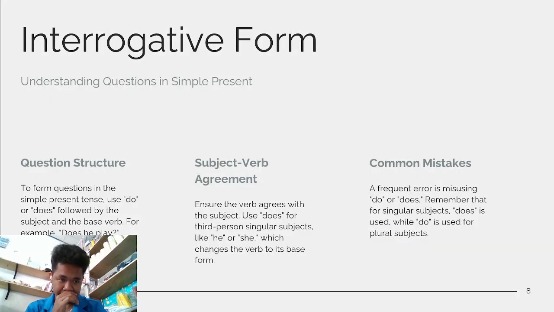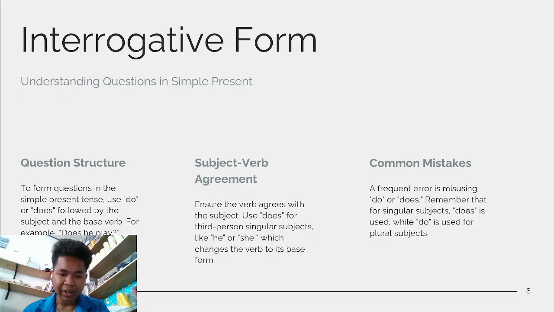The next is the interrogative form, understanding questions in simple present. The first is question structure. To form a question in the simple present tense, use do or does followed by the subject and the base verb. For example, does he play? Number two, subject-verb agreement.